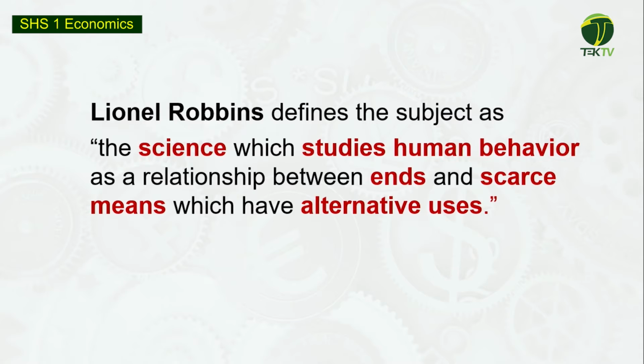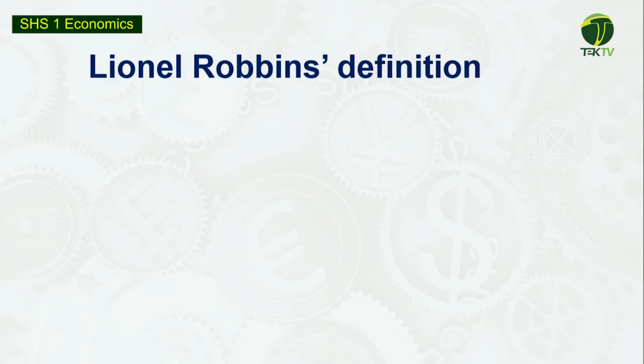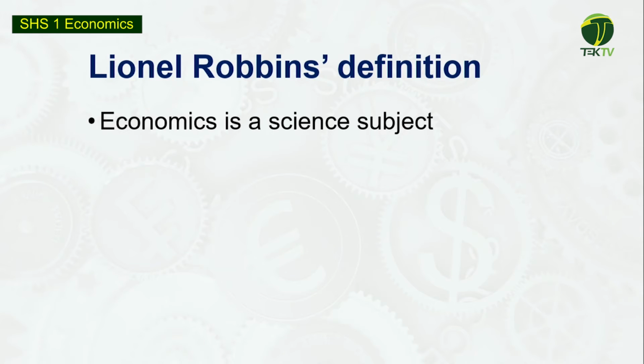So he's saying from his definition that economics is a science subject. Now, how many of us knew way back in JHS that among the science subjects, economics is one? He is telling us today economics is a science subject.